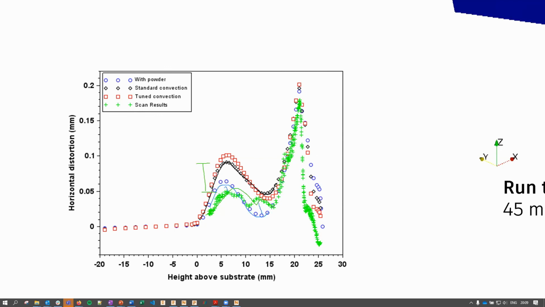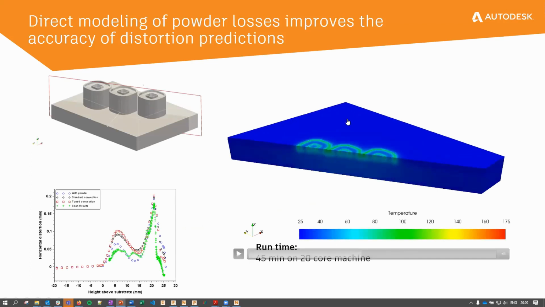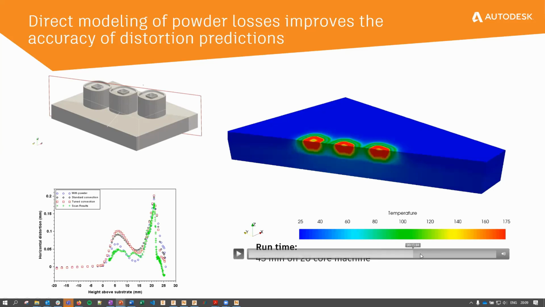So this conduction to loose powder was then a feature that was added, and hence you see it. And this lets you basically model in the powder. As you see, the powder is now modeled in as elements, and we are calculating the conduction through the powder across all these elements, and that gives us basically much more accurate results.